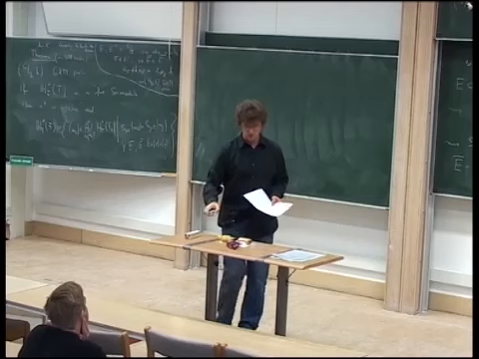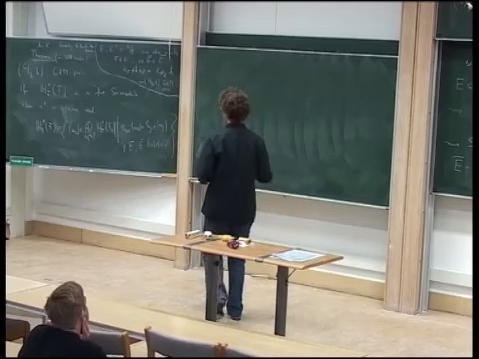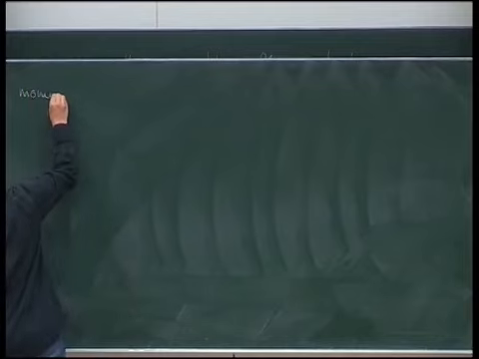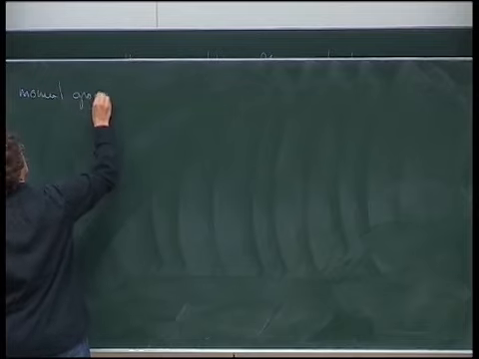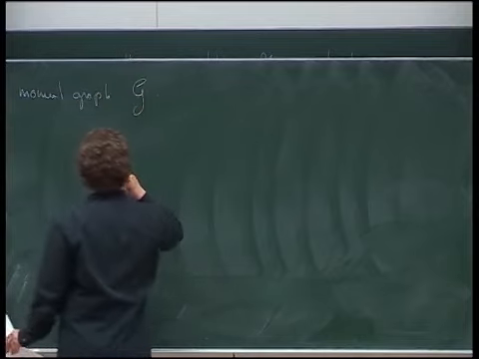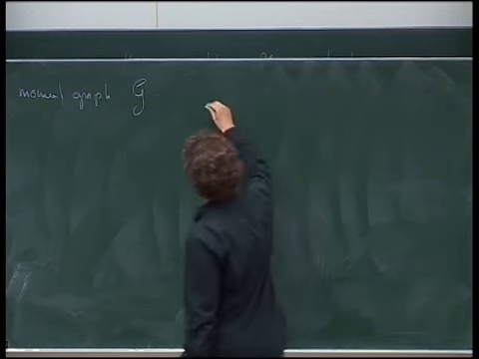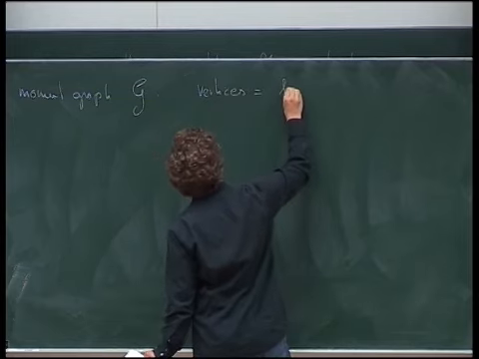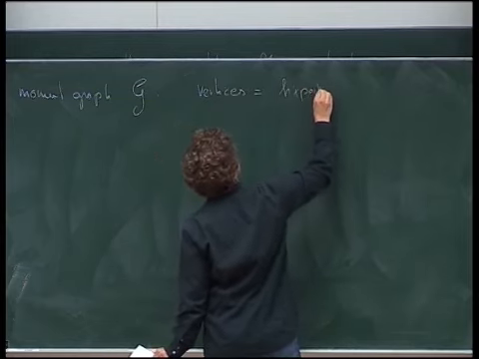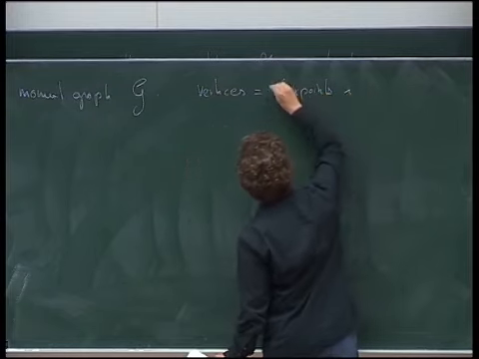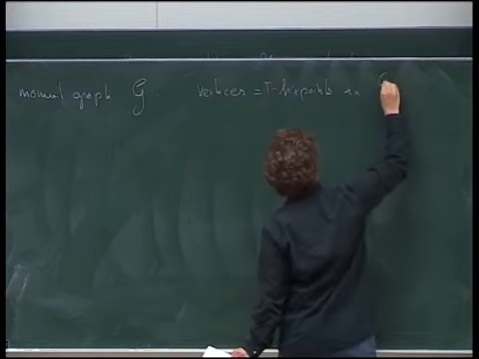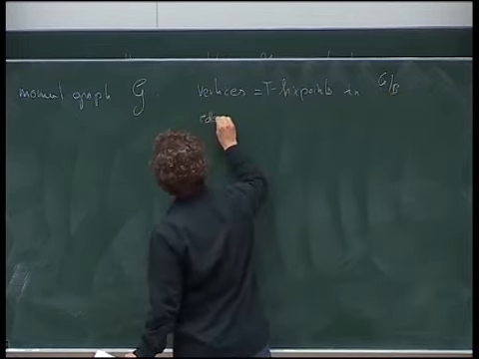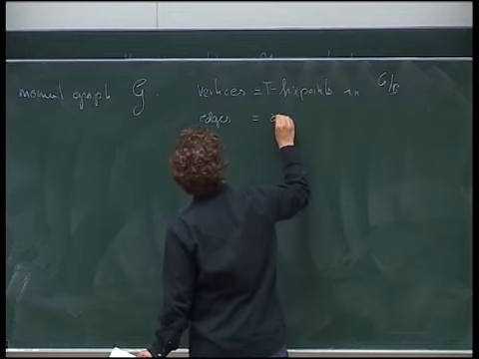So what is a moment graph, or what is the graph associated to this situation? It's defined as follows. The vertices are the fixed points, so the T fixed points in G mod B. The edges are the one-dimensional orbits.